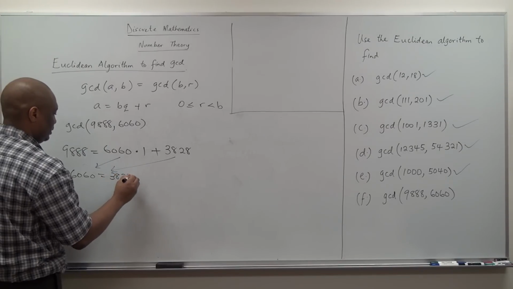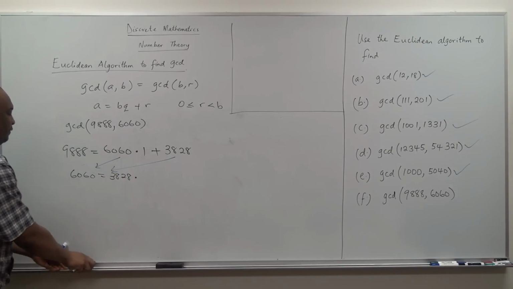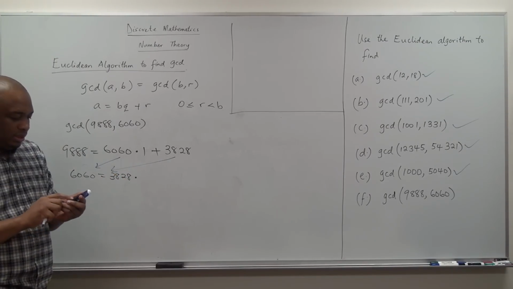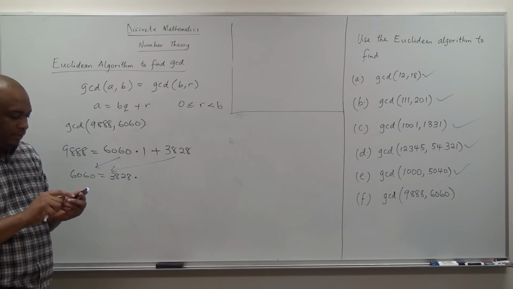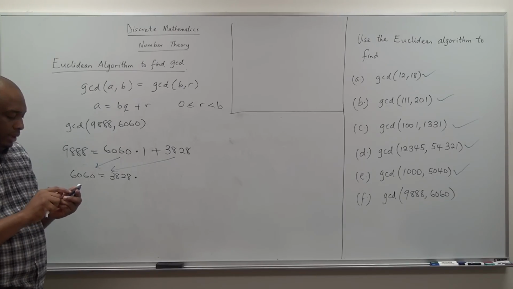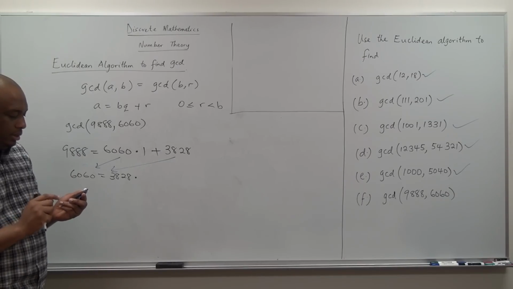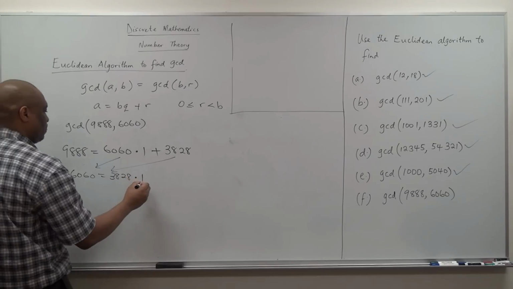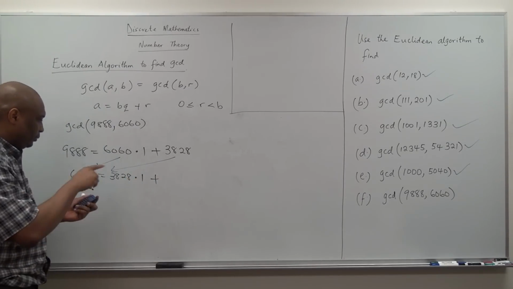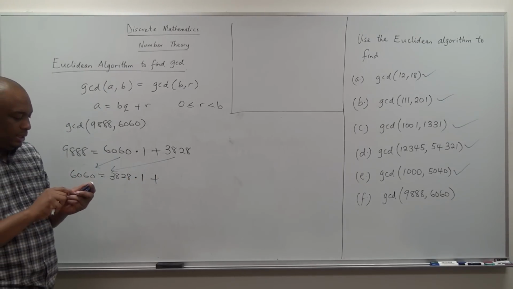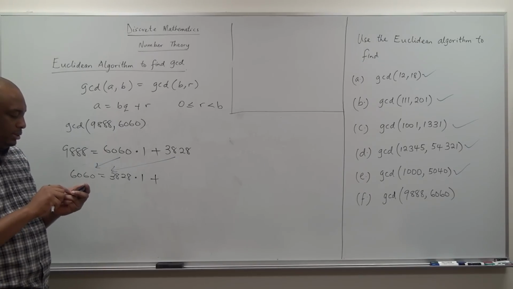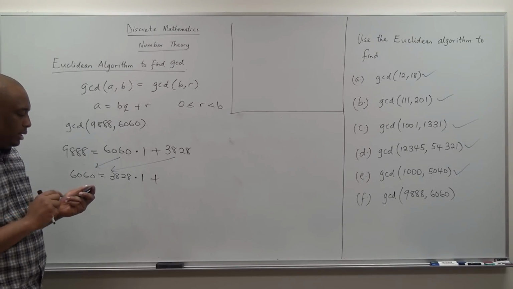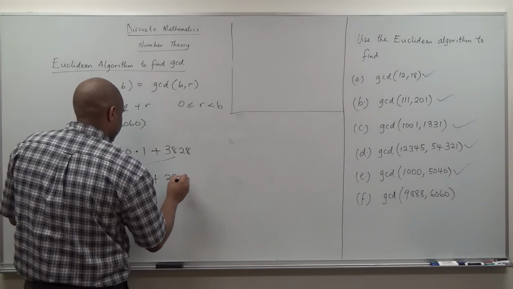And 3828 times what? We divide 6060 by 3828. It gives us 1.58 something, so we call it 1, plus. We do 6060 minus 3828, which gives us 2232.